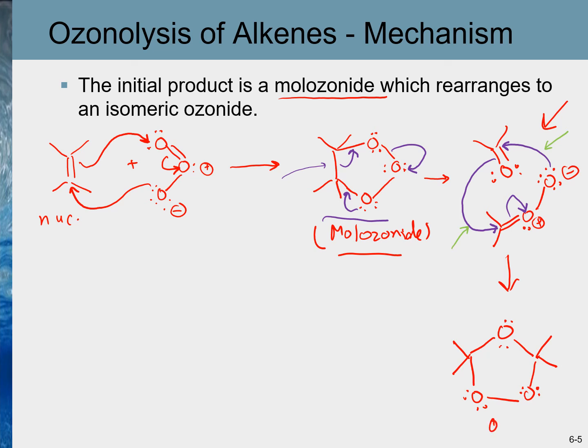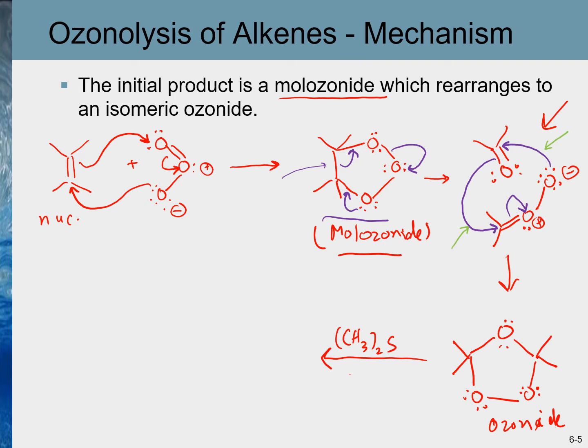So this is our ozonide. When the ozonide is treated with a mild reducing agent, in this case dimethyl sulfide, but other mild reducing agents will also work.